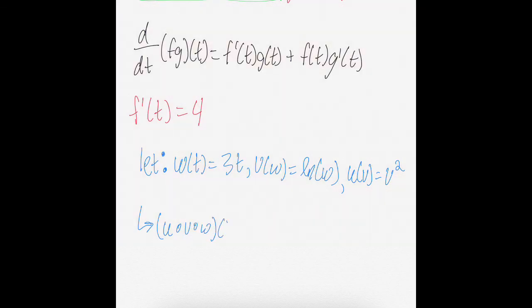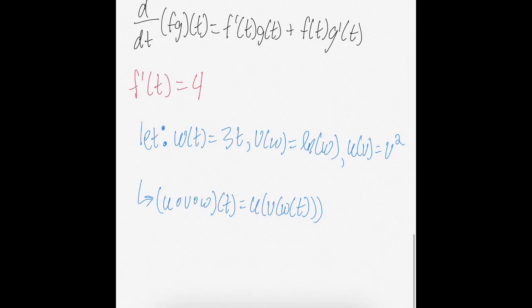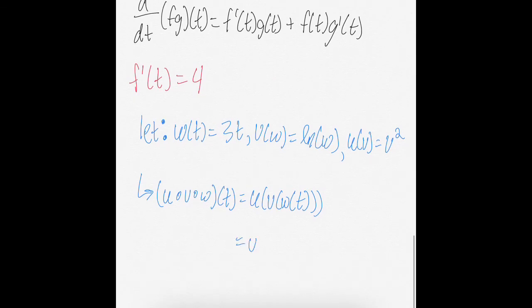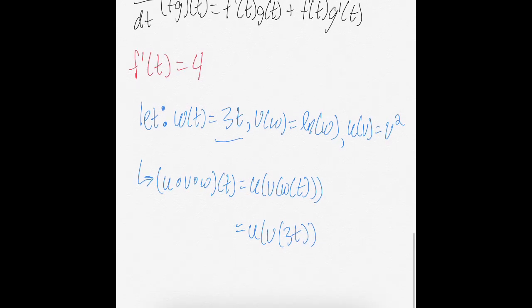So now notice that if I look at u composed with v composed with w of t, well, that's just u of v of w of t. So many letters, I know. Let's go ahead and write this out so we can see it. So u of v of w of t is u of v of 3t.